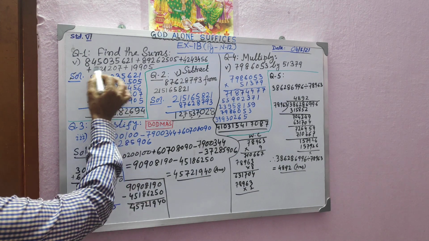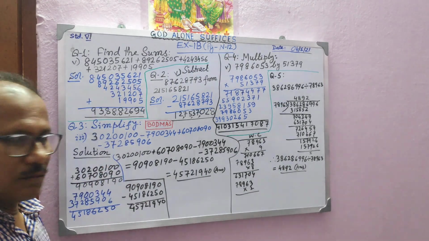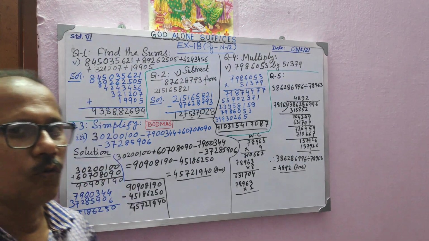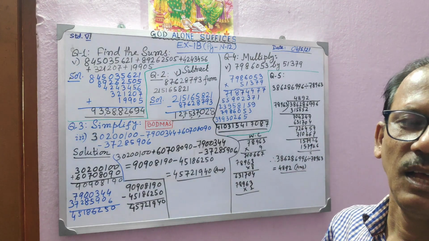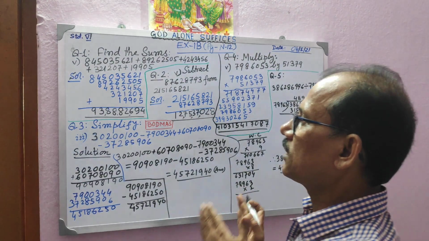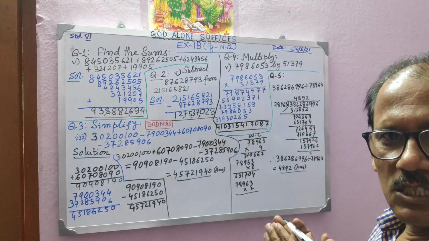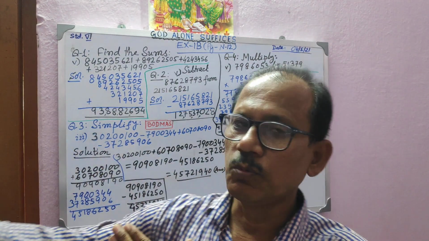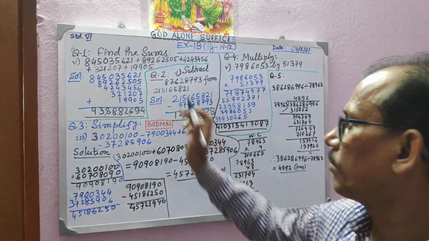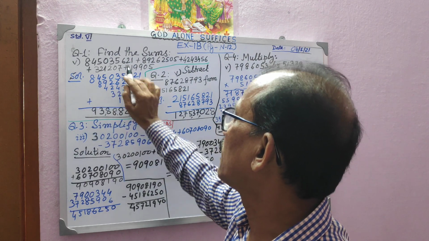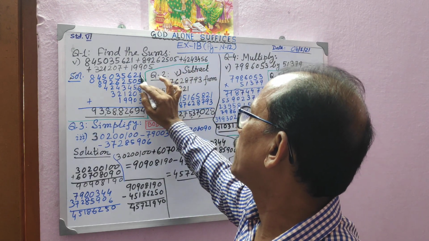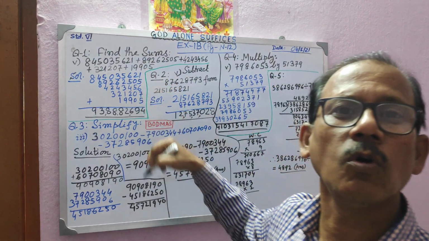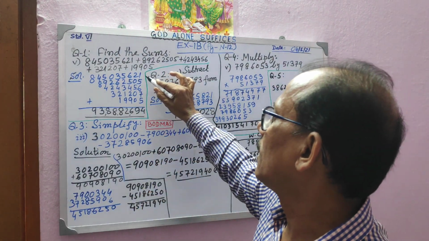You write down the first addend, but this is a column addition only. Try to go for the column addition only, writing all the addends one below the other, putting the digits from the ones, from the place value 1 only, moving to the left-hand side. From the right hand, after writing the first addend, for the second addend you begin with the ones place value, and write it below the ones place value of the previous addend. That is what you have to do.